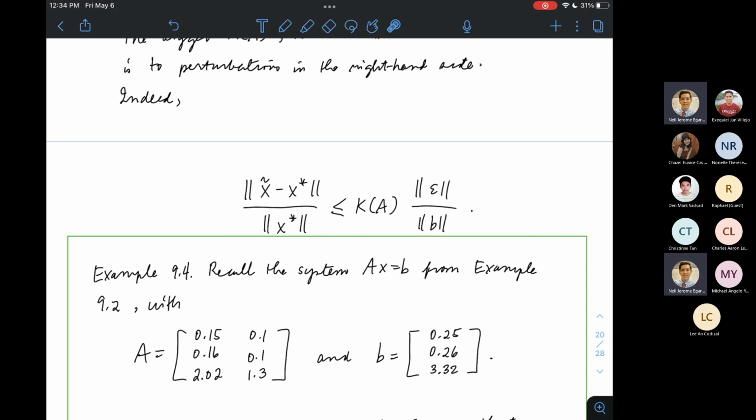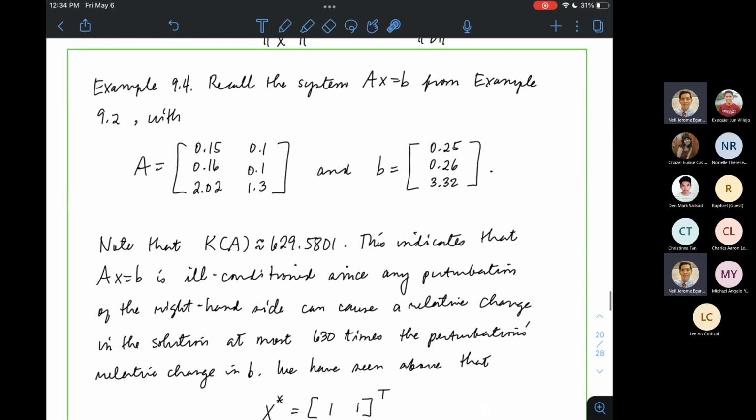So yun yung problema. So tingnan natin, example 9.4. So ito yung matrix na sinolve natin kanina. Ito yung consistent system na merong infinitely many solutions of the form -1 minus x2, x2, comma 2. Alright? Kaya lang, pag kinompute mo yung condition number niya, it's around 630 na napakalaki.